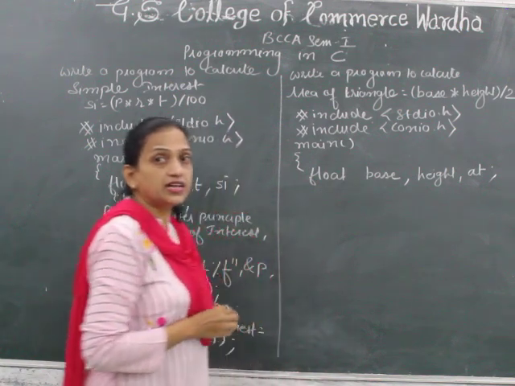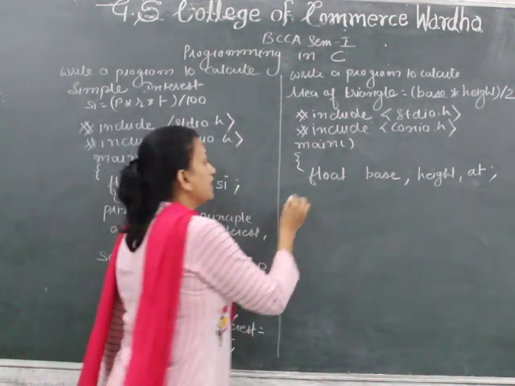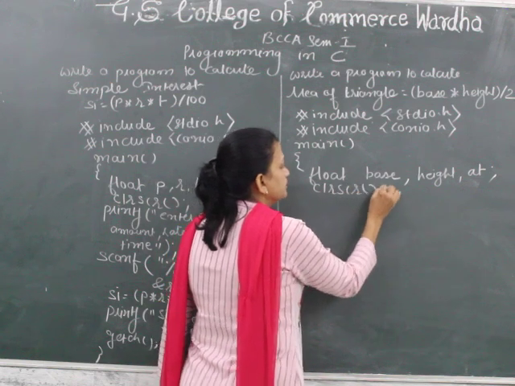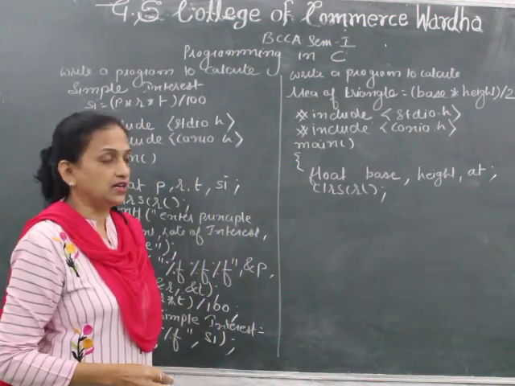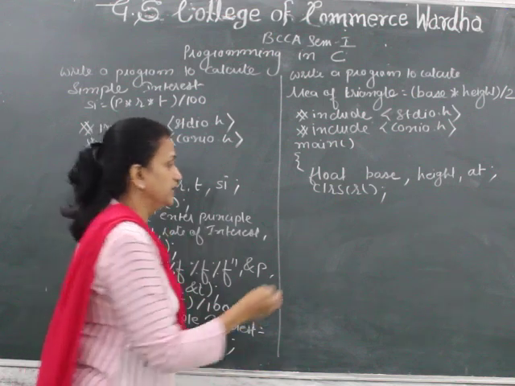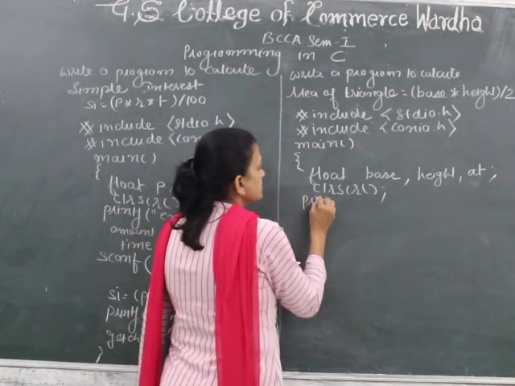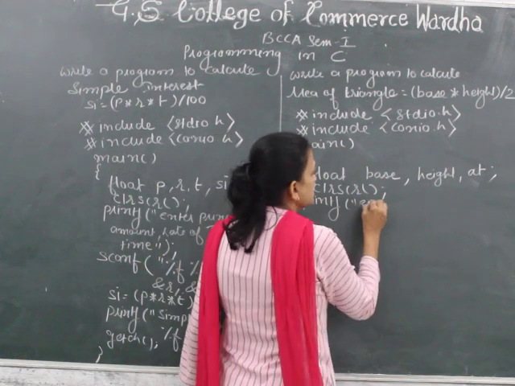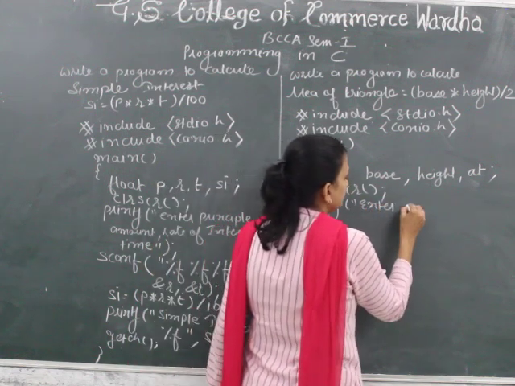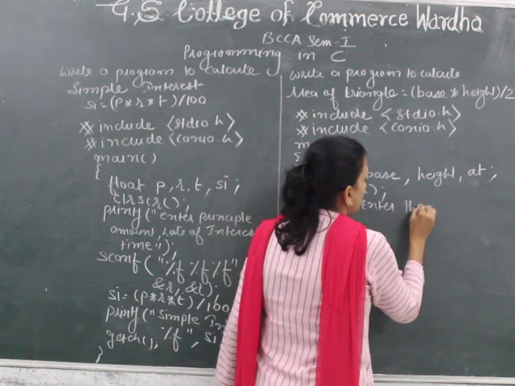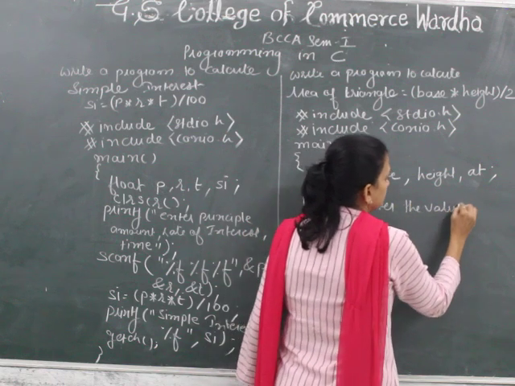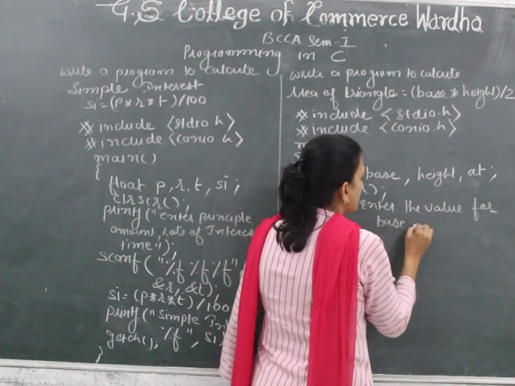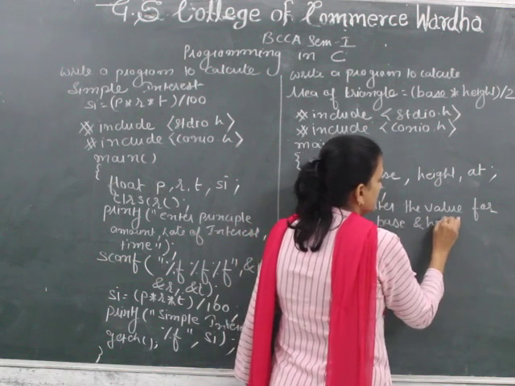After declaration, as I told you, you must add clrscr to clear the screen. Now a printf statement to print the message for the user, that is enter the value for base and height.